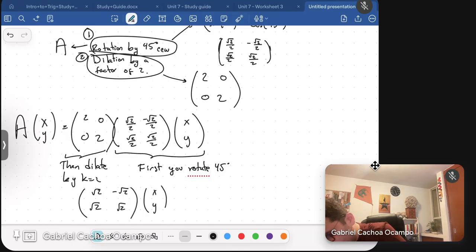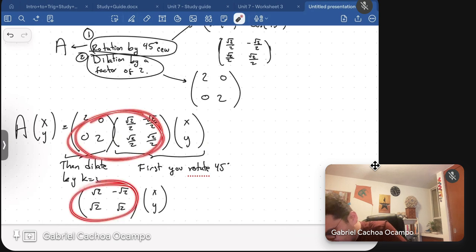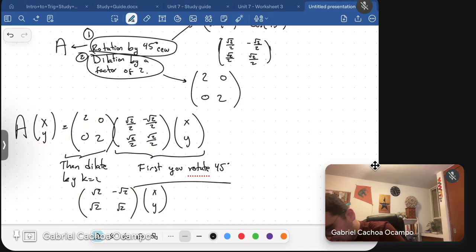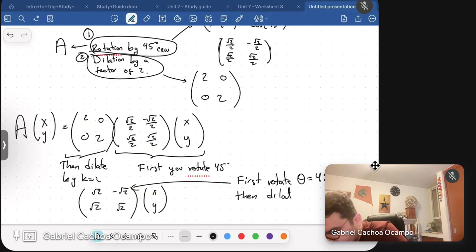If you combine these two matrices, this matrix represents the transformation: first rotate, then dilate. That is what this transformation is.